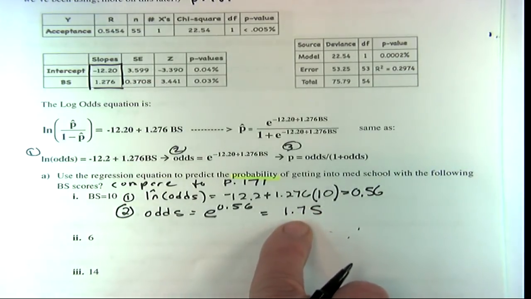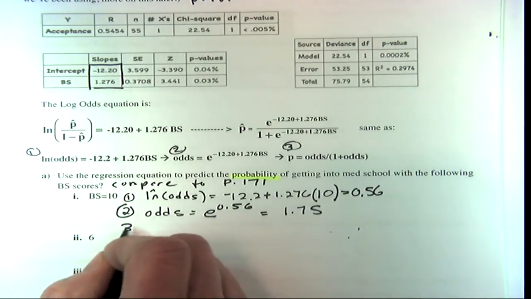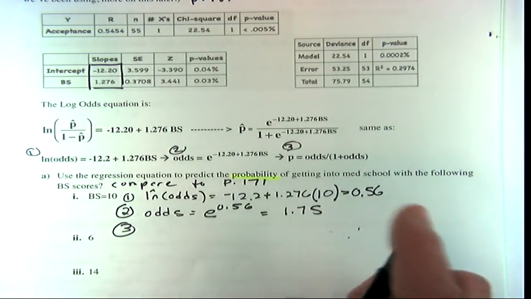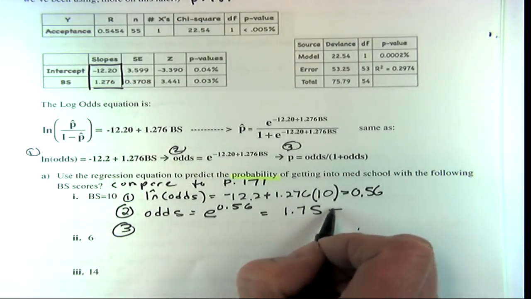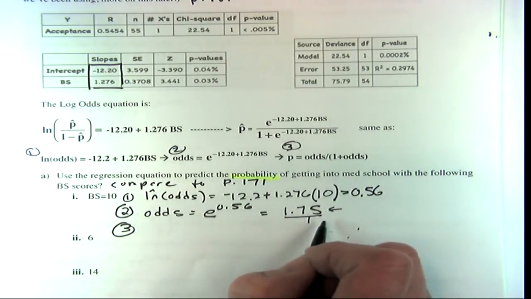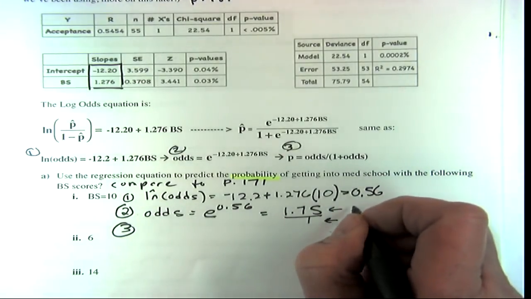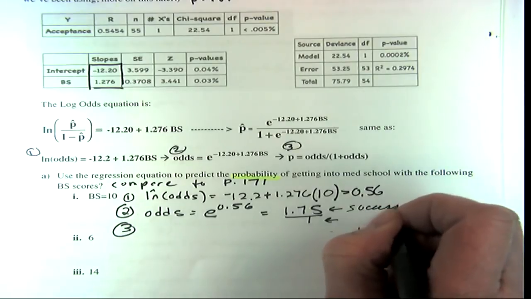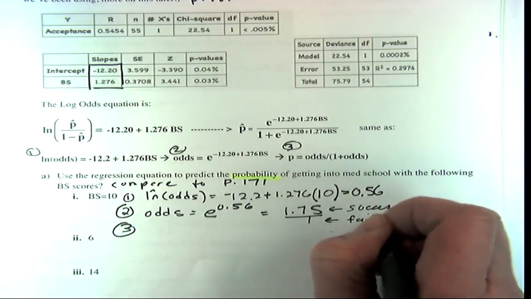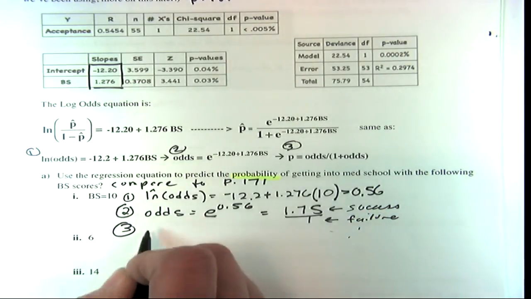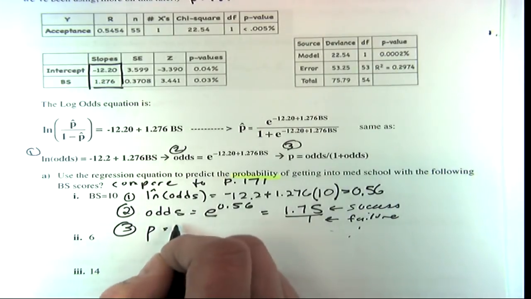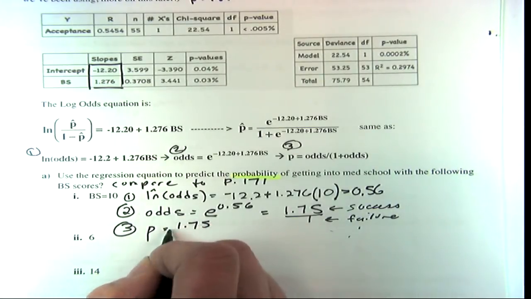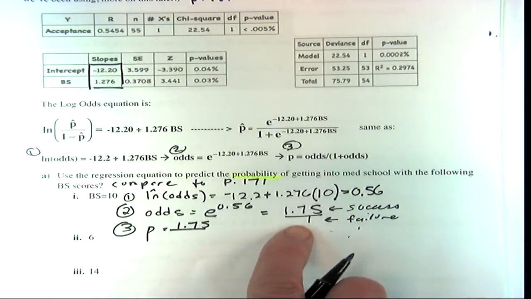Now, how am I going to change 1.75 to a probability? That's step 3. Well, just think of it this way. This is your success. You can put a 1 here. This is your success, and that's your failure. So the probability is just going to be 1.75 over 1 plus 1.75.